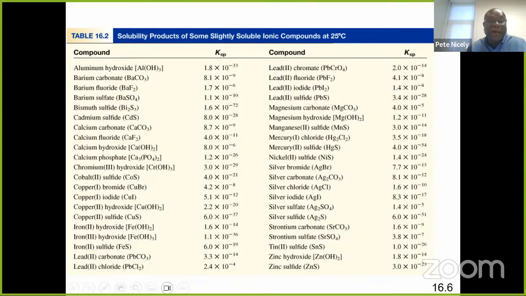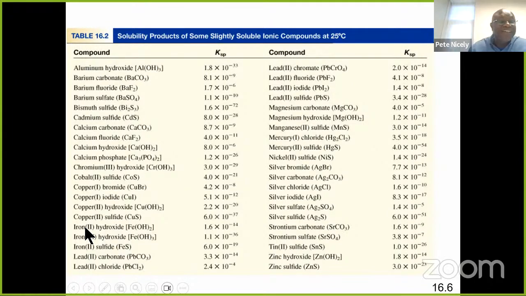In fact, the largest one I see here is lead 2 chloride. Its value is 2.4 times 10 to the minus 4. And the smallest one I can see here is the one for bismuth sulfide, or aluminum hydroxide, from what I can see.